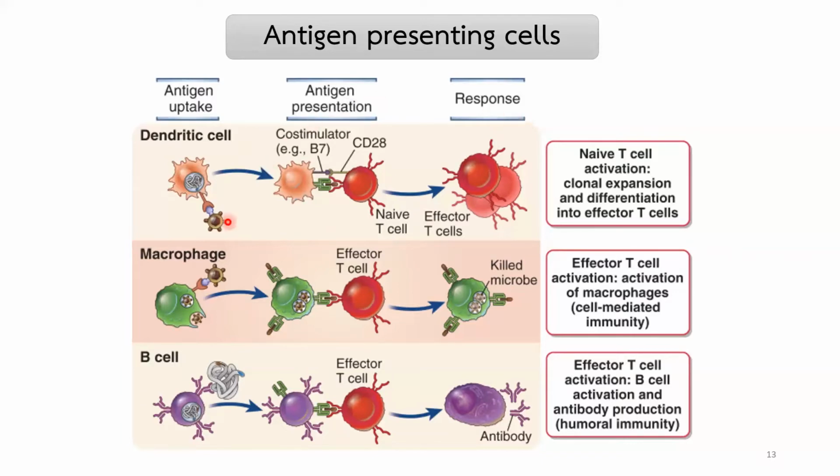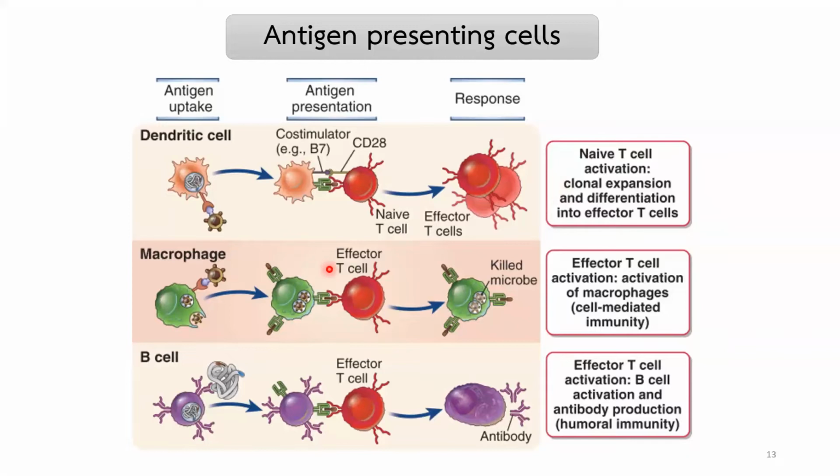So we have dendritic cells, macrophages, and B cells. Dendritic cells initiate the adaptive response by triggering naive T cells to undergo clonal expansion and differentiation from naive T lymphocyte to effector T cell. Effector T cell means the T cell that is ready to work, primed with a specific antigen.